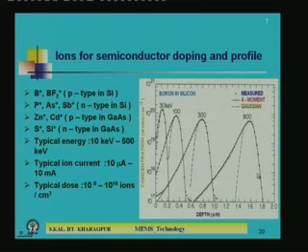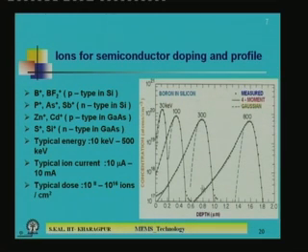This particular picture shows how the profile changes for different implantation energy. You can see here 30 kV, 100 kV, 300 kV and 800 kV boron is implanted into silicon. If you use 30 kV, the profile looks like this, 100 kV profile looks like this, 300 kV profile looks like this. That means if you want 300 kV, from the surface you will not get the impurity atoms, but in the middle of the wafer you will get a profile like that.